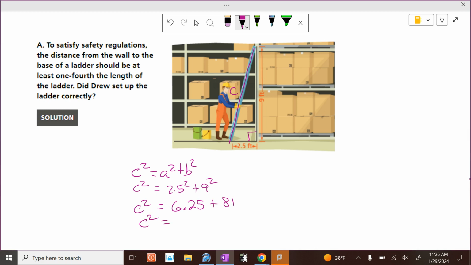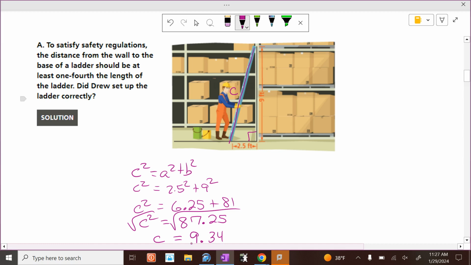So somebody with a calculator, take the square root of 87.25 and see how long that is. It's going to be 9 point something, but I don't know what it is exactly. 9.34. Sounds good to me.